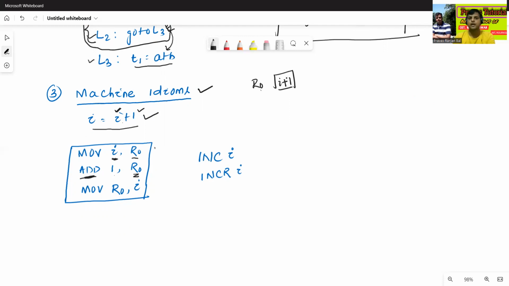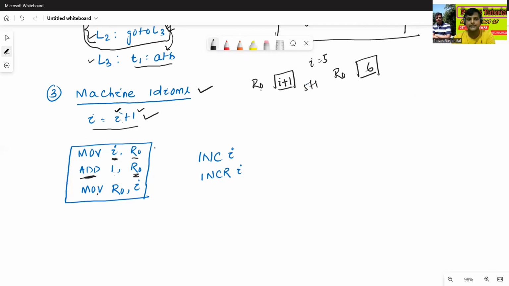Say my I value equals 5. We move I value in R0, meaning 5. Then we add 1 in R0. So now my R0 contains 5 plus 1 equals 6.